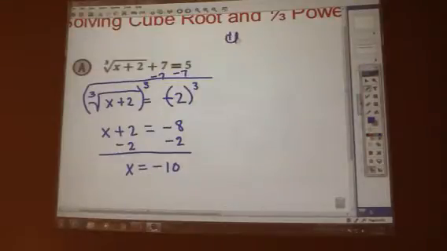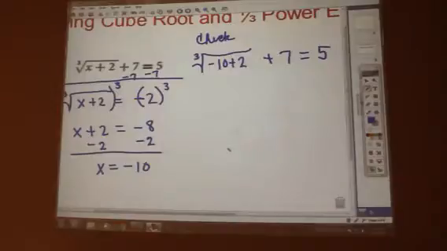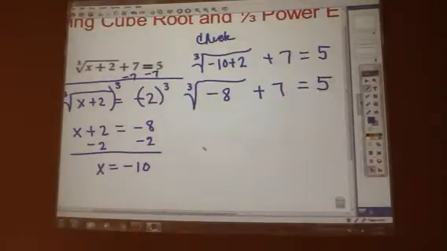And we're going to check. Put negative 10 in for x. Cube root of negative 10 plus 2, plus 7 equals 5. Cube root of negative 8 plus 7 equals 5.